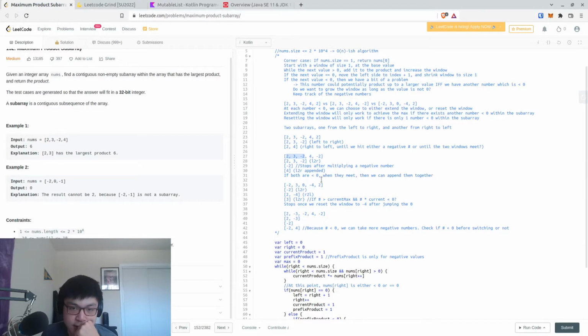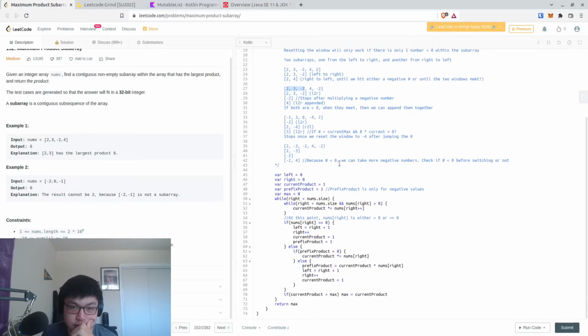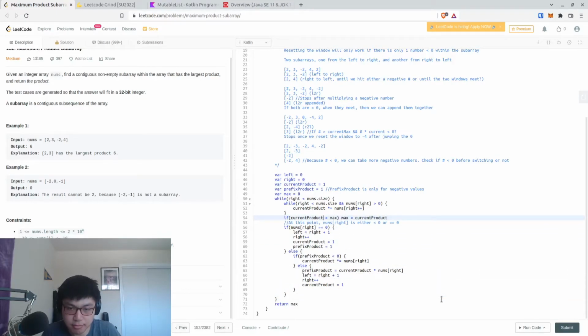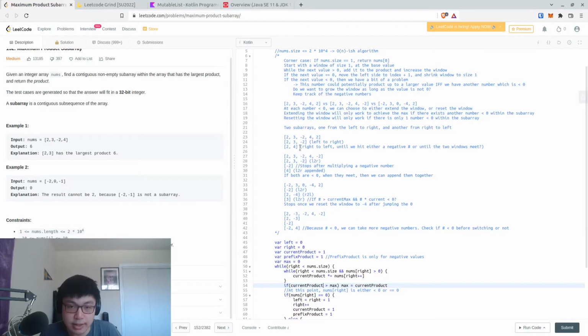So then we set this as our prefix product as -12, and then we move on to the next one.